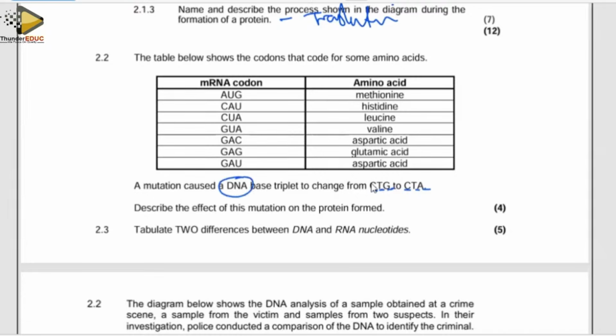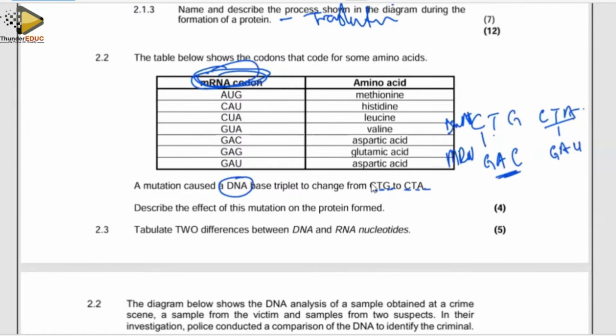What do we have here? We have messenger RNA. I need to first convert this, because this is DNA and what I have here is messenger, so I have to convert it into messenger RNA. C goes with G, T goes with A, and G goes with C, and this one I also have to convert, so it's going to be GAU.